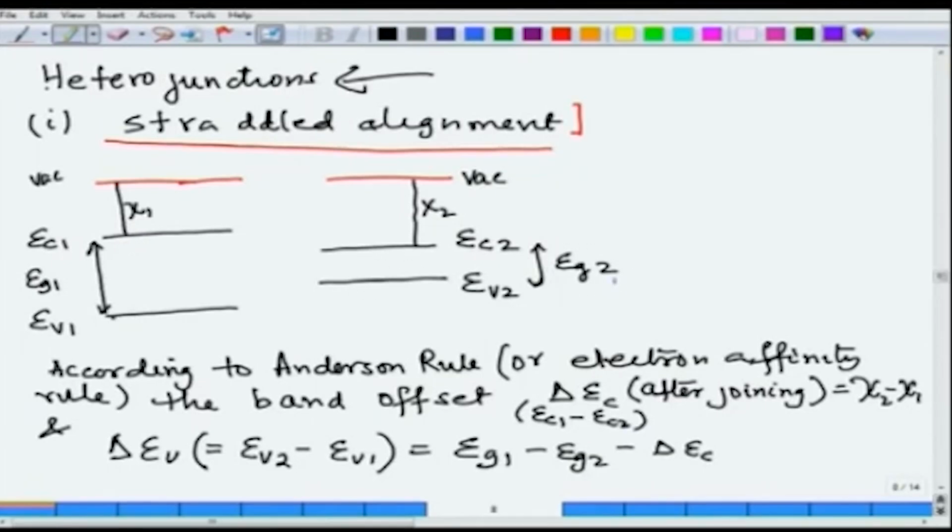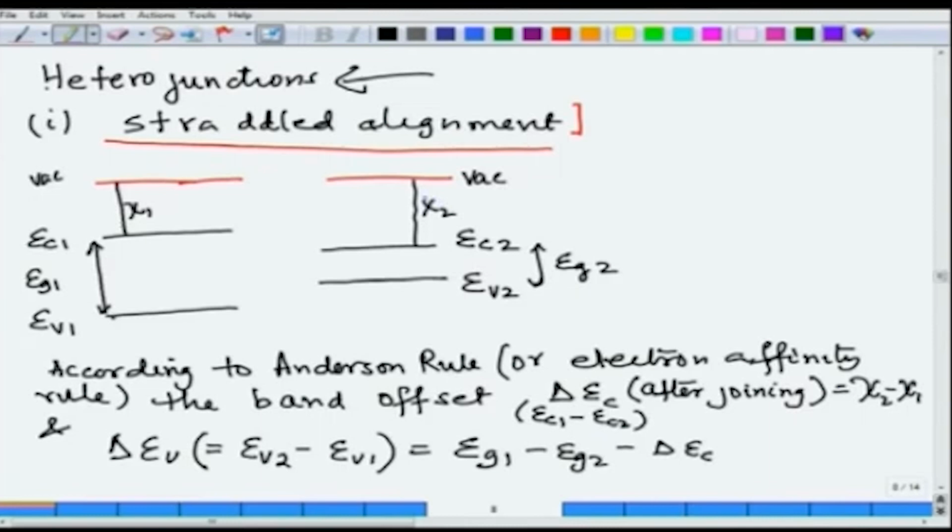EG2 is a small band gap, and it is straddled between these two. So EC2 is here, and EV2 is here. That means the EV2 level is higher than the EV1 level, whereas the EC2 level is lower than the EC1 level, and hence the word straddled is used, which also means that the electron affinity will be higher.